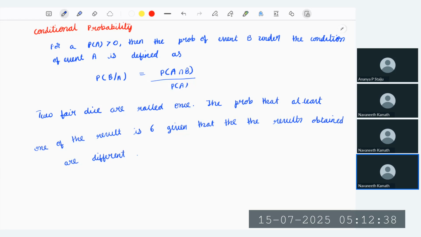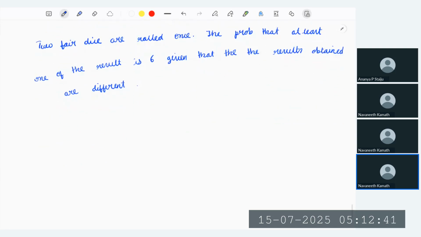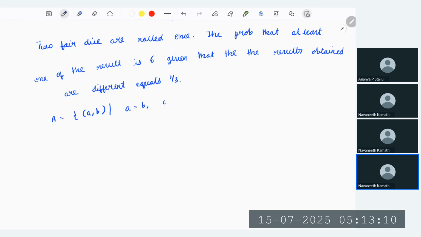So let's do this. The answer should be 1 by 3. Let's see this. Let's take an event A as all the pairs where they are equal. So (A, B), where A is equal to B, and A and B are from the numbers 1 to 6.